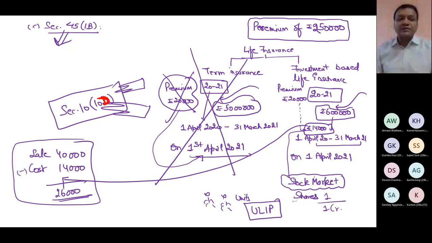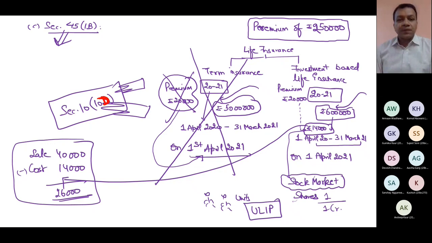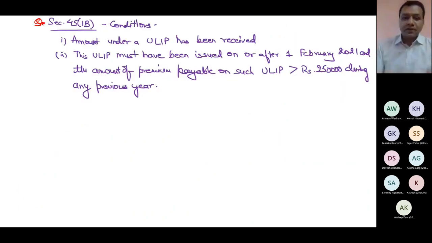If something is not taxable under one head, it does not mean it is tax free; you have to search other heads. That amount will not be taxable even in other heads if it is covered under the exemption of section 10 clause 10D, and clause 10D covers most of the exemptions related to life insurance policies. I hope the point is a little bit clear.